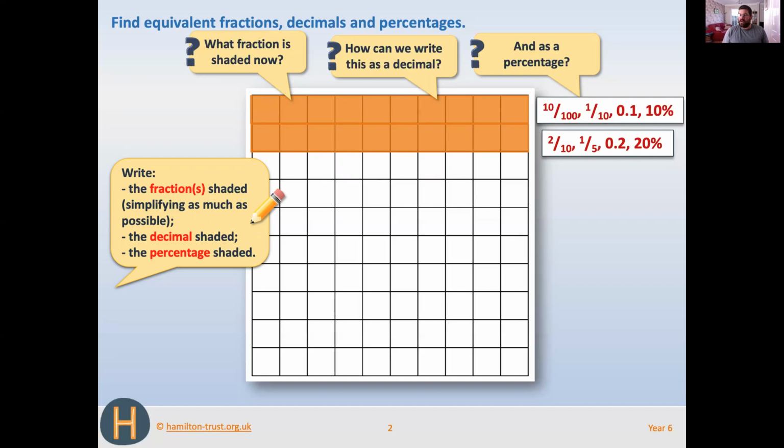Also, remembering that 1/5 is the same as 2/10ths helps us to remember that 1/5 is the same as 0.2, all right, which is the same as 20%. Okay, so sometimes it's easier to go from the unsimplified fraction, 20/100ths, 20%, 2/10ths, 0.2. When we express it as a fraction, however, it is useful to show the simplest fraction.